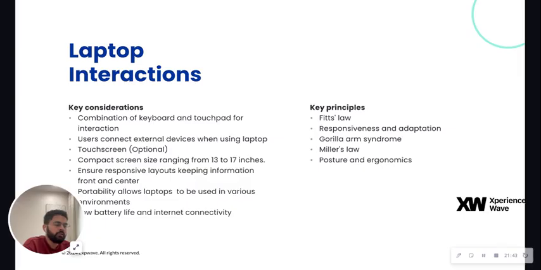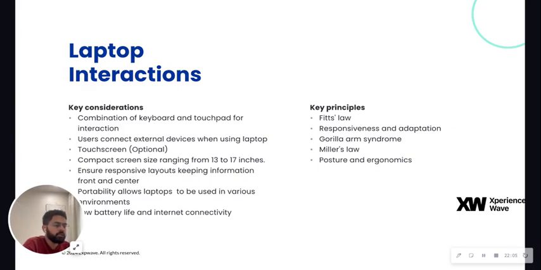The other one is responsiveness and adaptation, because laptops come in varying screen sizes, so responsive design becomes really critical. And you will also have to ensure that the UI adapts to different resolutions and can handle resizing when users switch between multiple displays or connect to external monitors.